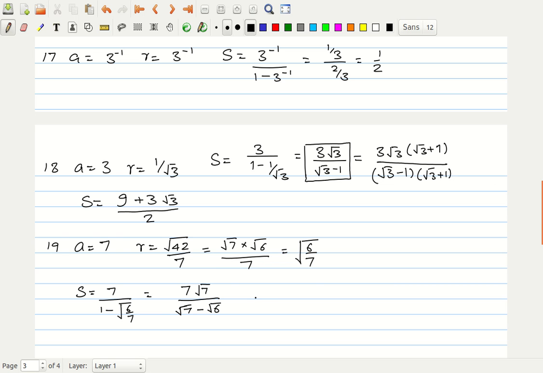Now you can leave your answer at this stage, but if you want to rationalize the denominator, you have to multiply the numerator with the conjugate of the denominator, which is square root of 7 plus square root of 6, and in that case your denominator will become square root 7 square, which is 7, minus square root of 6 square, which is 6. 7 minus 6 is going to be 1, and finally your answer is going to be 7 times square root of 7. 7 is 7 square, so 49 plus 7 square root of 42. Okay, and we are done.